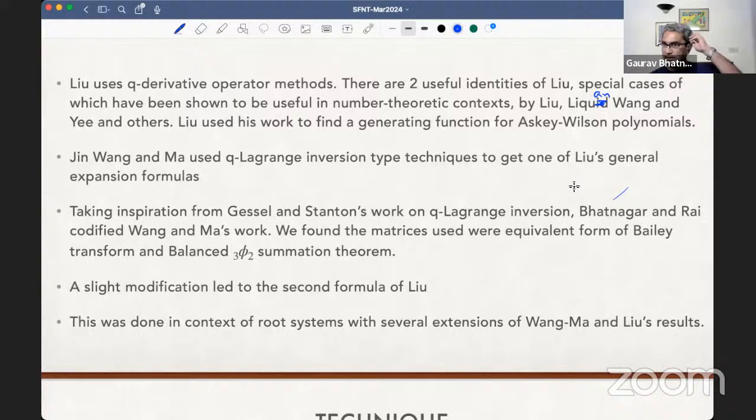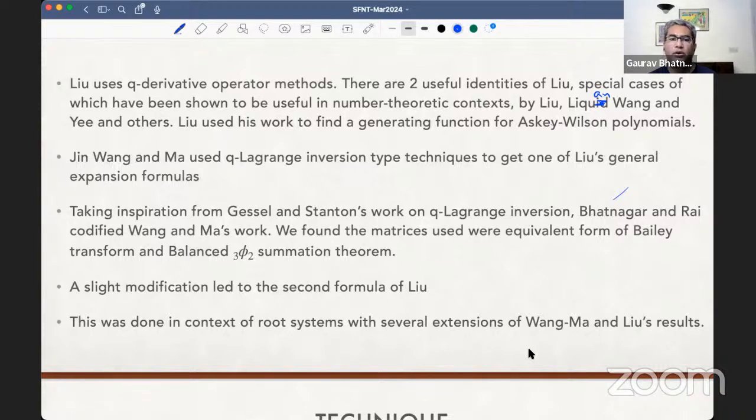So that is what interested me. My interest was: can we generalize to multivariables? Whatever Liu is using, these q-derivative operators, I don't know how to generalize to multivariables. But if you have Gasper-Rahman type techniques, then I can generalize to multivariables.